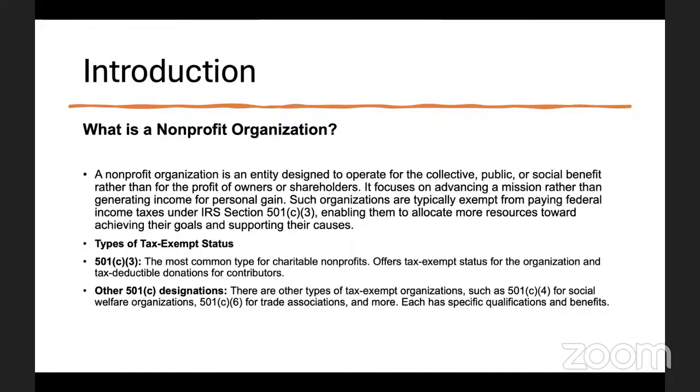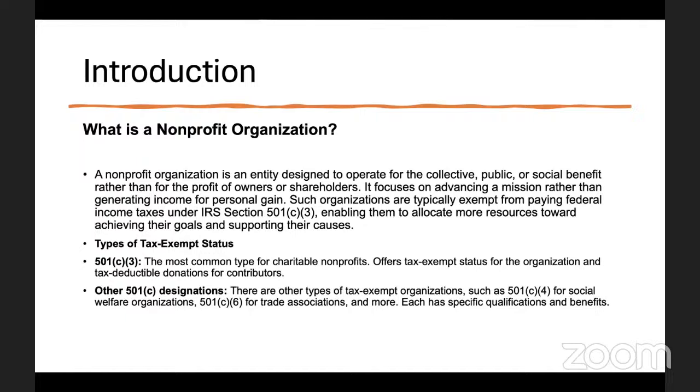501(c)(3) is the most common type for charitable nonprofits. It offers tax exemption for the organization and tax-deductible donations for contributors. For example, when you do your taxes during tax season, you say, "Hey, I gave 100 to Goodwill, 100 to this other organization, 200 for that," and of course you get a receipt.